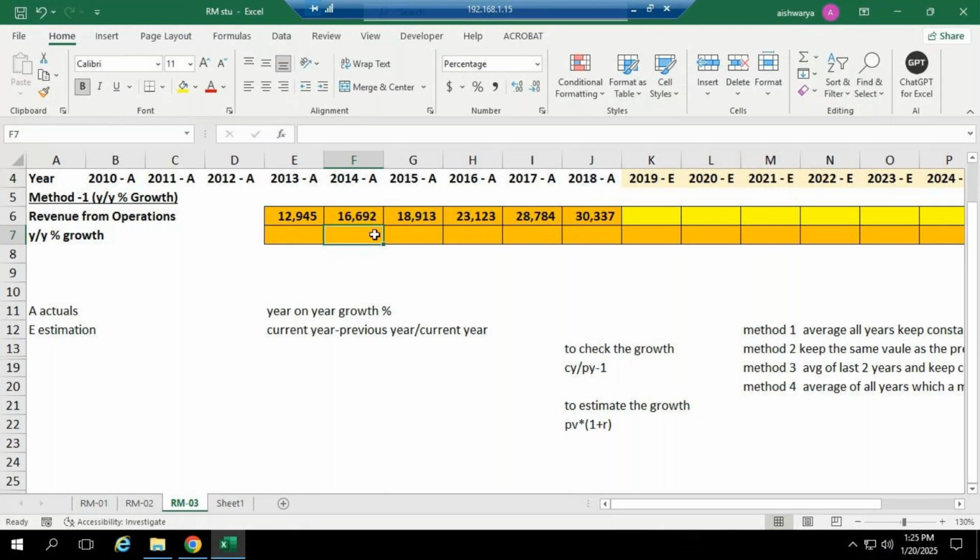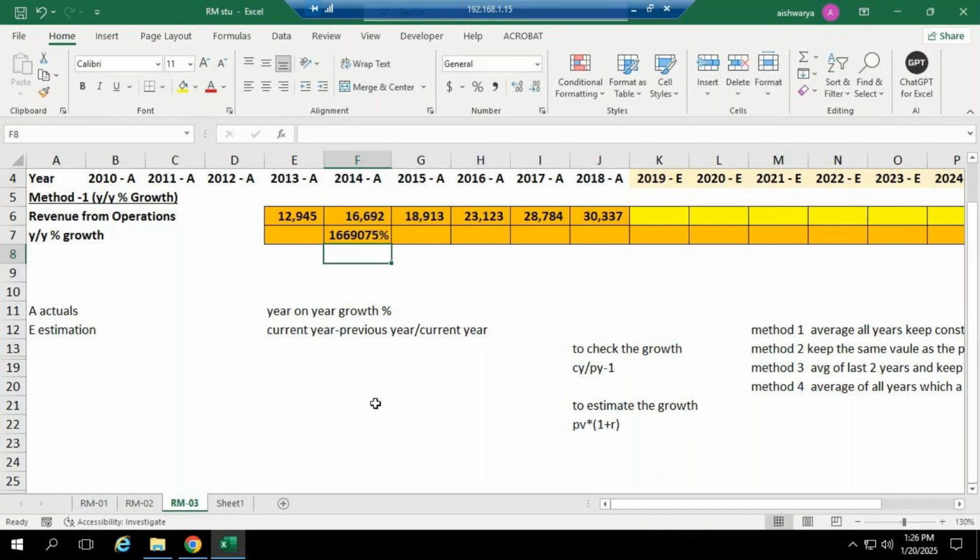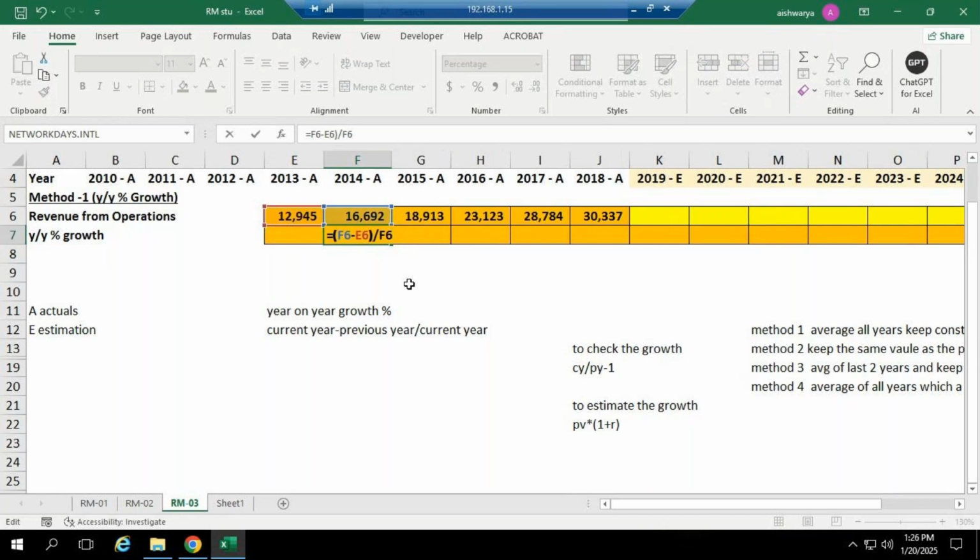Go to 2014 and put equal to the current year sales, current year means 2014 sales, minus previous year, previous year means 2013 sales, divided by current year sales. Now press enter. Now we got 22%.